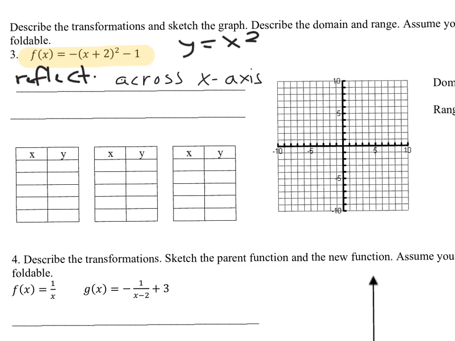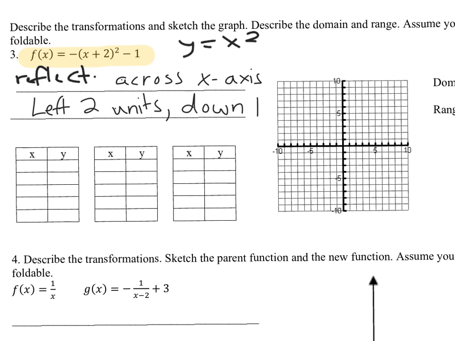And then the +2, remember it lies to us, so we went to the left 2 units. And then we're going to go down 1 unit. So that right there is going to be the transformations that I'm going to do.